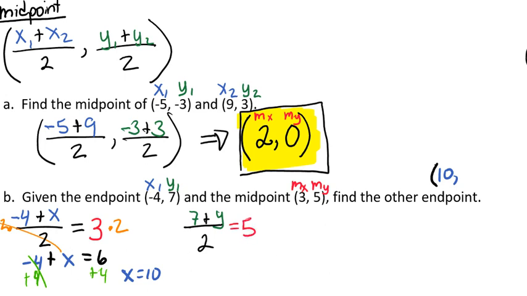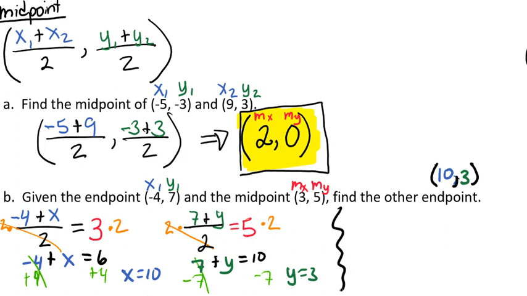We will multiply both sides by 2, giving us 7 plus y equals 10. Then we'll subtract 7 from both sides, and that will leave us with y equals 3. And our other value would be 3 for our endpoint. So that's one way to do it.